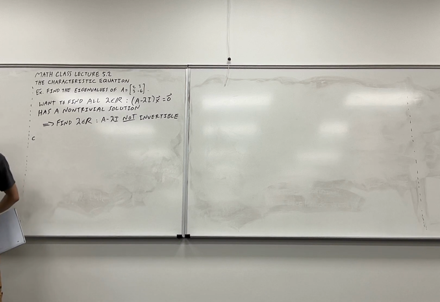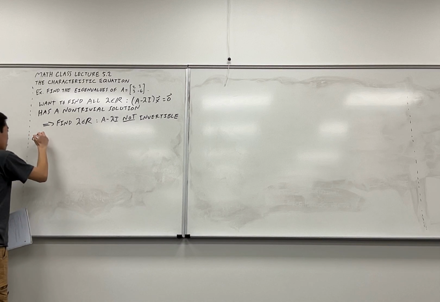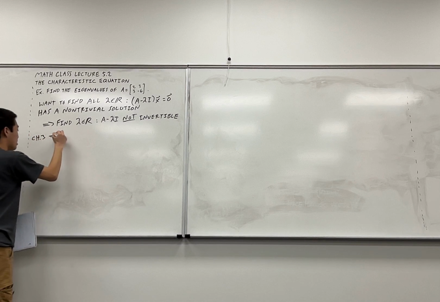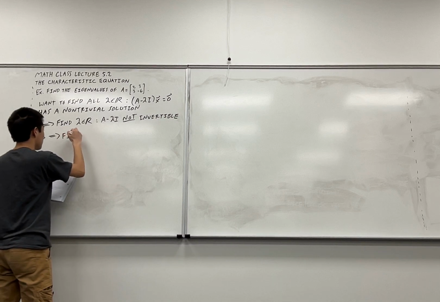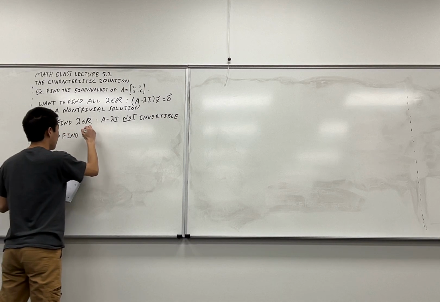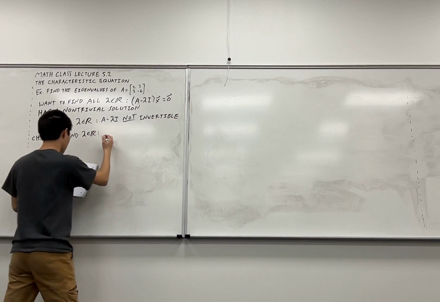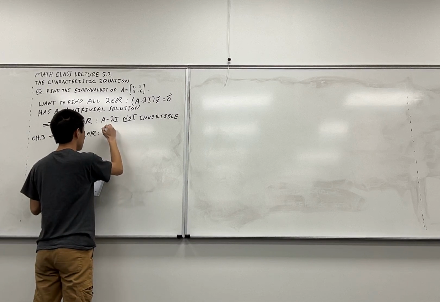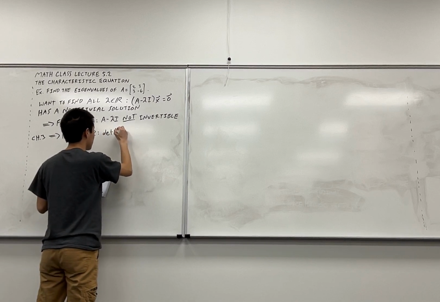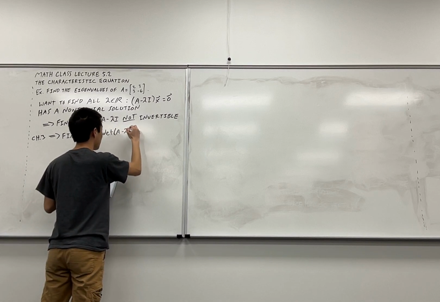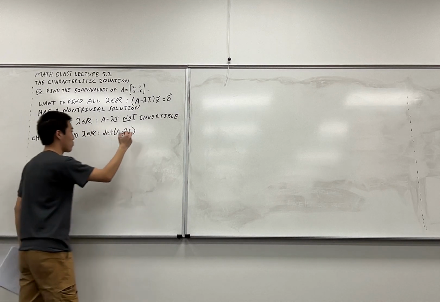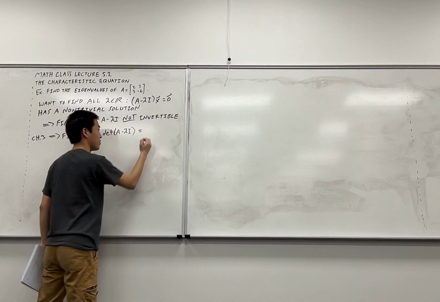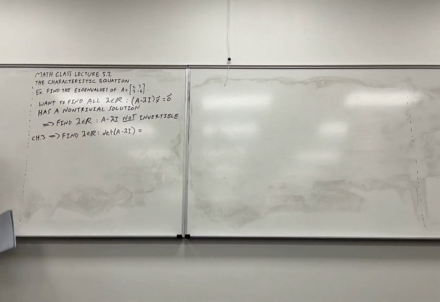So recall from Chapter 3. That's going to let us know that our task is to find lambdas such that the determinant of this matrix, A minus lambda I, should be equal to what? If I want the matrix to not be invertible, 0.